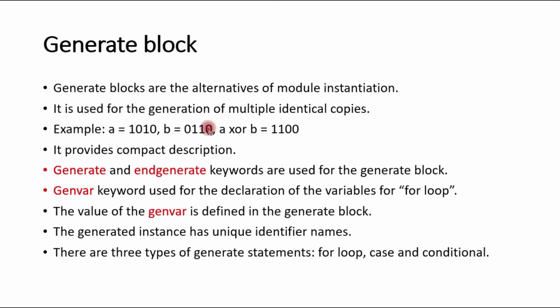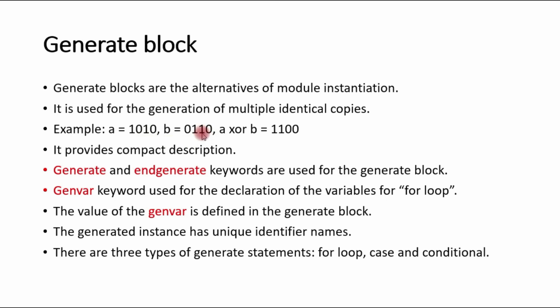So the first XOR operation is performed for 0 XOR 0. It means A XOR B will be 0. Then move to the next bit position. In case of variable A, the next bit position is 1.